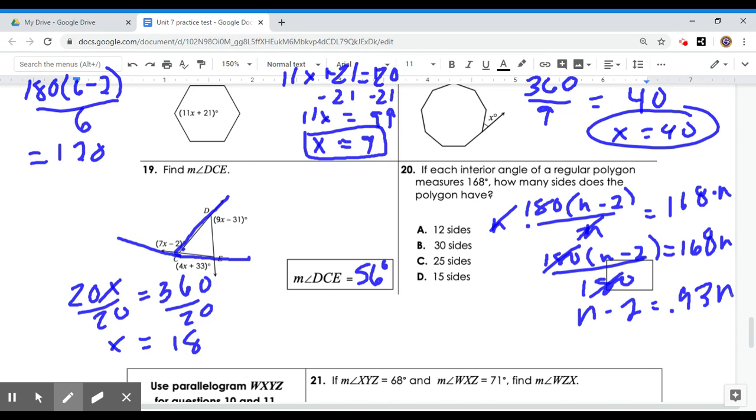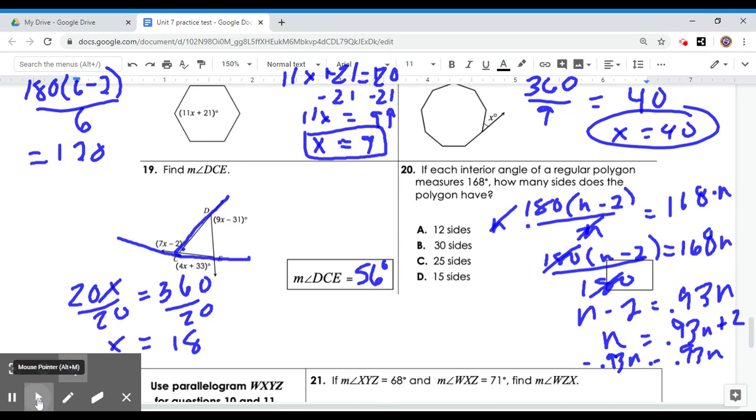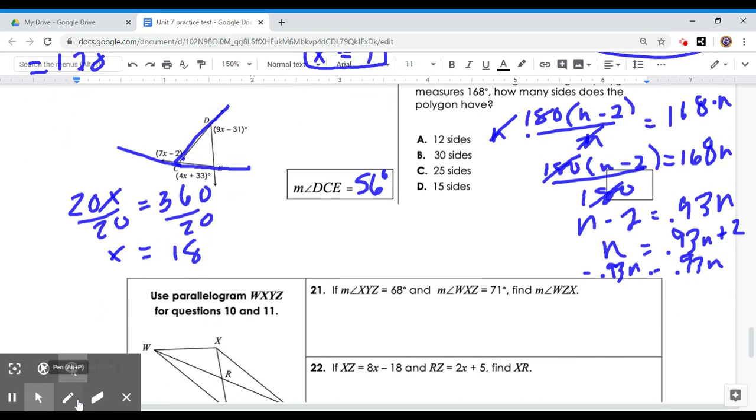Then let's add 2 to both sides. Then we have n equals 0.93n plus 2. Subtract 0.93n. So n minus 0.93n is 0.07n equals 2. So 2 divided by 0.07.